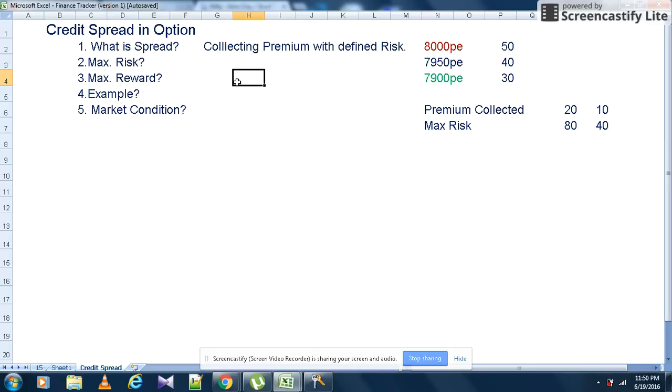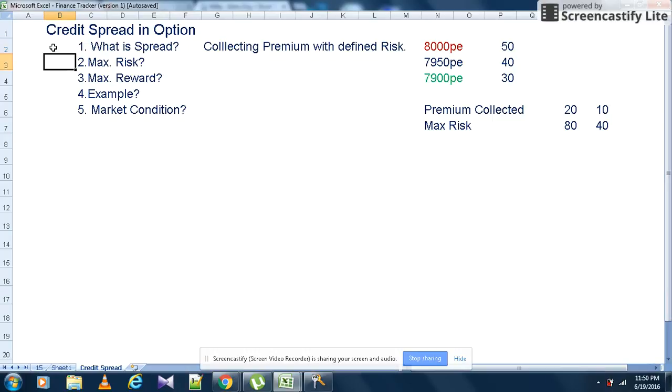This way you collect premiums, and you're also defining your risk, mitigating it by buying the low premium option strike. So your risk is defined and your profits are also defined. You're capping your profit and you're capping your risk also. So that's about what a spread is.